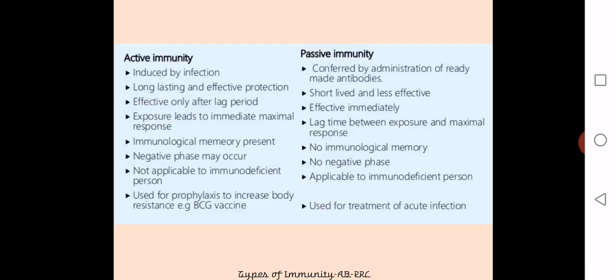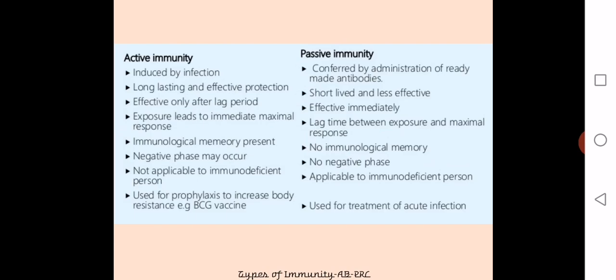Here is a comparison of active immunity and passive immunity. Active immunity is induced by infection, while passive immunity is conferred by administration of ready-made substances like antibodies. It's long-lasting and effective for protection in active immunity, but short-lived and less effective in passive immunity.